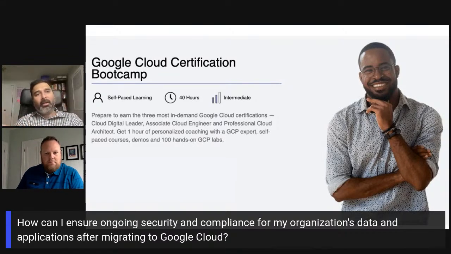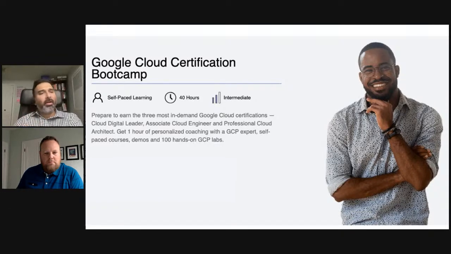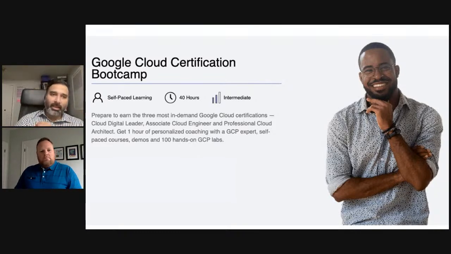Google Cloud already, for a large part, checks the boxes for NIST and other compliance frameworks and risk management frameworks. So you could download those specific libraries and blueprints from Google Cloud to assist you in working with your governance folks and your security teams, and ensuring, hey, this is how Google Cloud does it. Here's the documentation. Here's how we check box all of these things. So that's probably the best place to start.